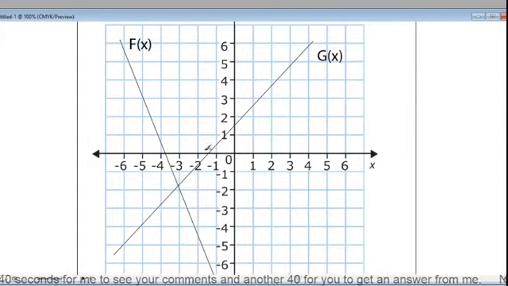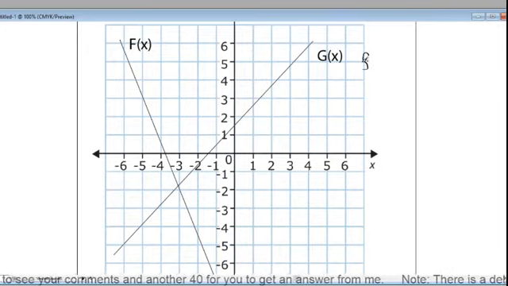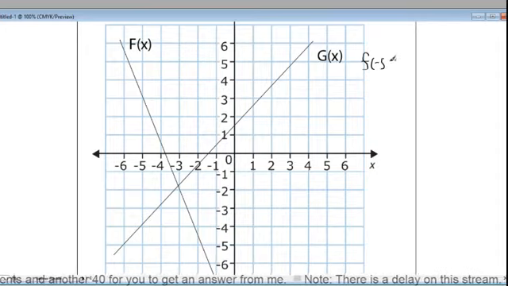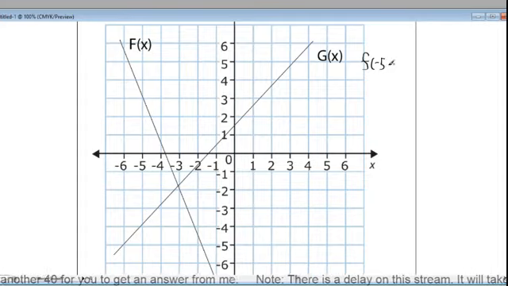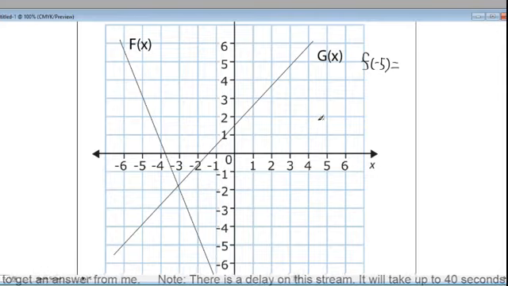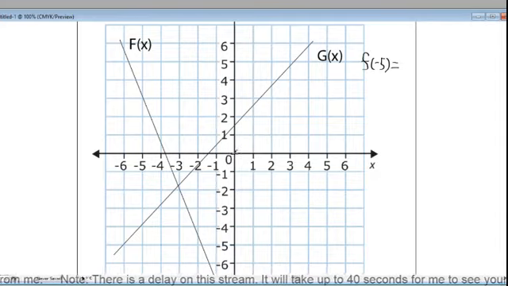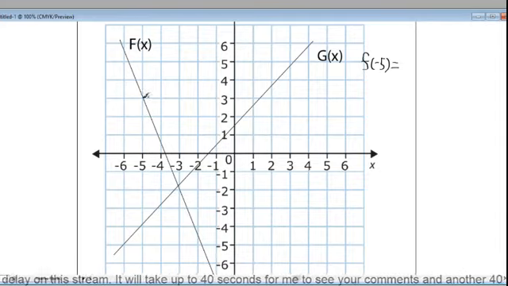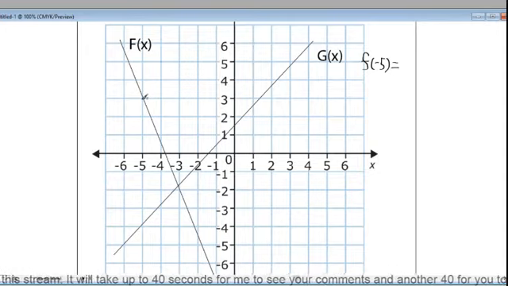So F of -5, what we're going to do is we're plugging in -5. We need to know the output. So what does this output when we have -5 for our x? Well, we find -5 on our x, and then find where this crosses -5, and it crosses at +3 for the y. Okay, so our output is +3.